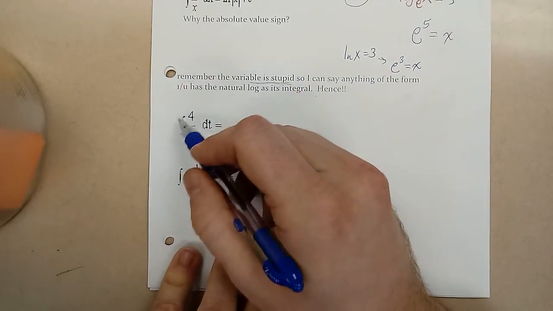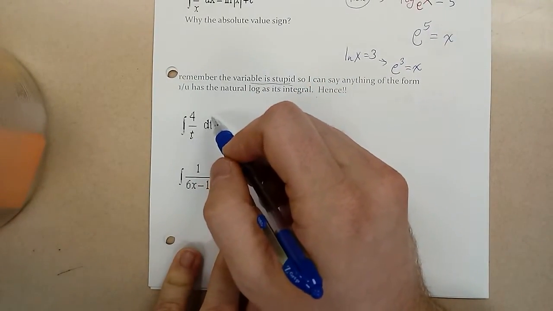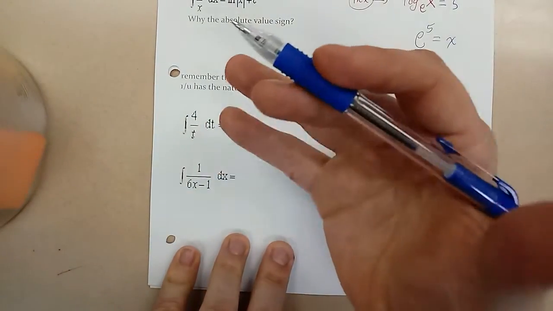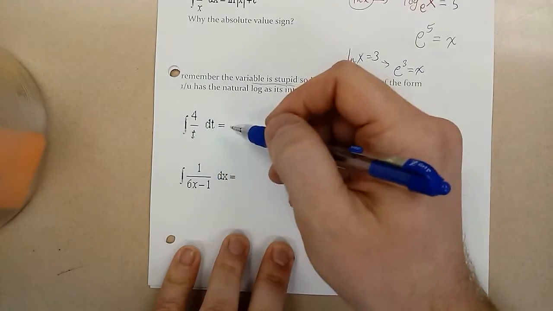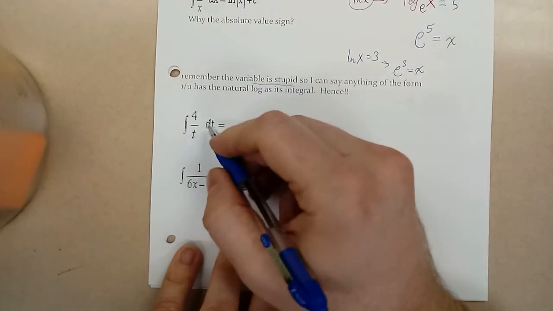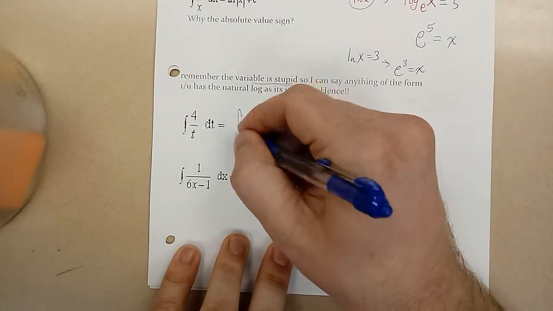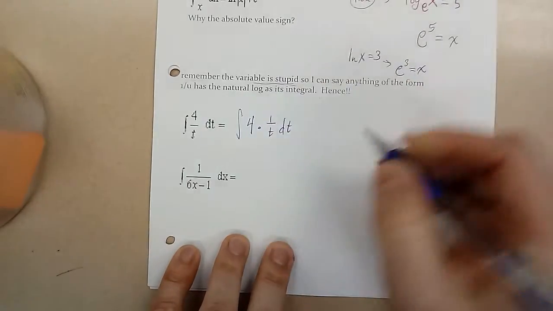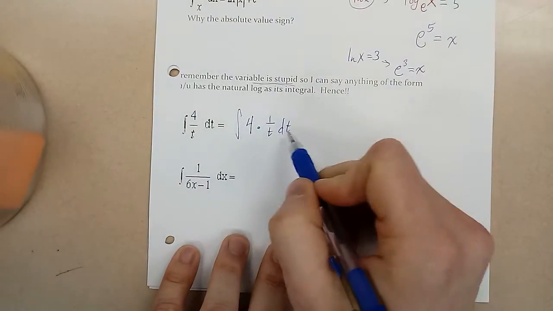So if I want to take this integral, right off the bat, it's not 1 over t, it's 4 over t. So it's not identical. It's not just going to be the natural log of t plus c. Instead, what we need to do is remember that 4 over t is equivalent to 4 times 1 over t dt.